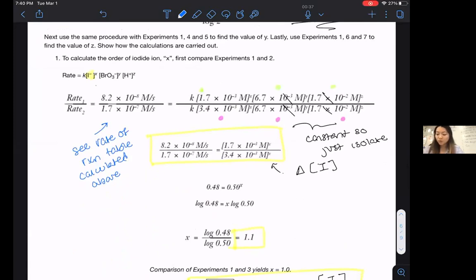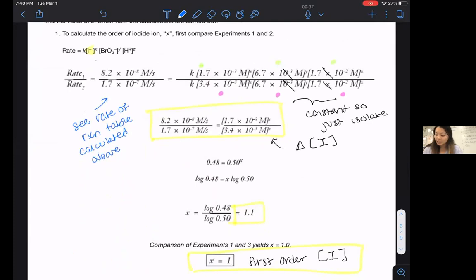So remember, when we're trying to calculate the reaction order with respect to an individual reactant, you basically can treat the other solutions as constant as long as you pick the trials where you actually held those other reactants' concentrations constant. So what you see is I basically cancel out the concentration of bromate and H plus ion because they end up being the same for trials 1 and 2.